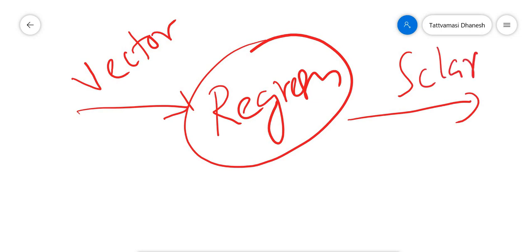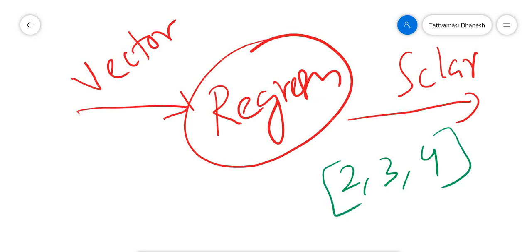A vector is a first order tensor, like this. A scalar is a zeroth order tensor, like this. A matrix is a second order tensor with rows and columns. Tensor means a container for data, a three-dimensional or n-dimensional array of data.